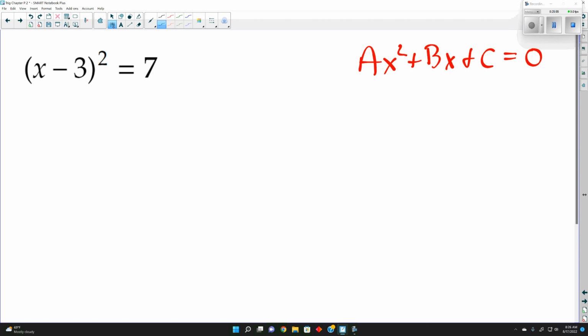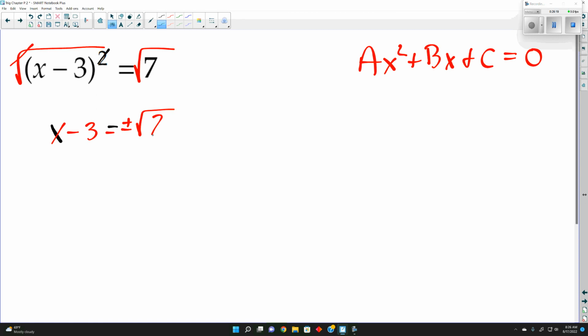So one of them has to be 0. But here, let's see what happens if I square root both sides. Well, here the square root and square will cancel out. They will simplify out, leaving us with x minus 3 is equal to plus or minus the square root of 7.